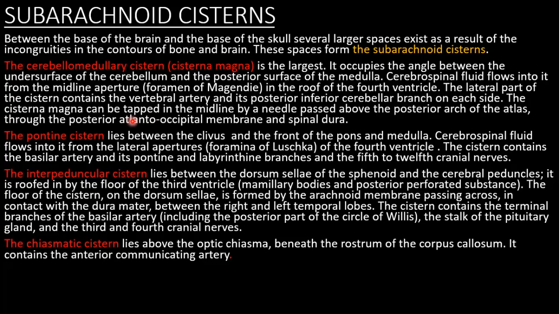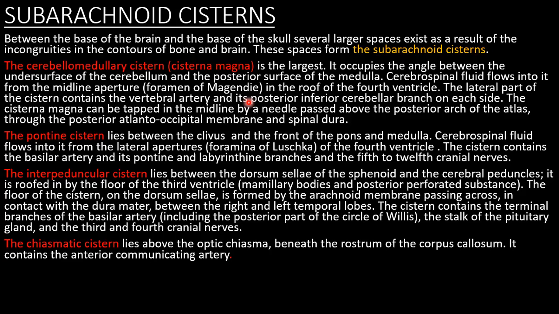Okay, if one wants to draw the CSF, maybe say you want to see if one has a viral infection, and the virus is found in the CSF. If you don't do a lumbar puncture, you will see where you do a lumbar puncture, between, I think, L4 and L5, somewhere there.